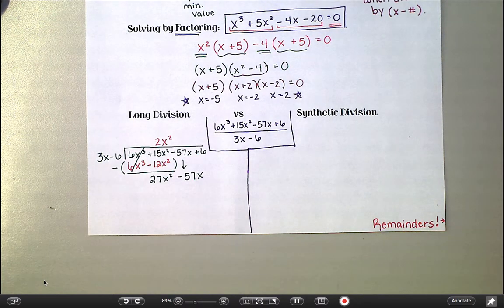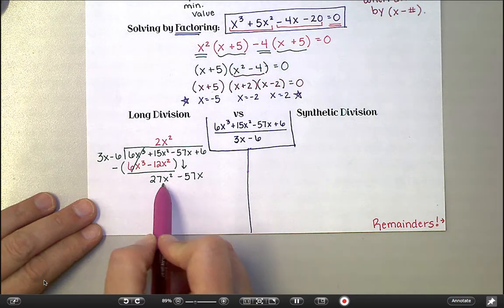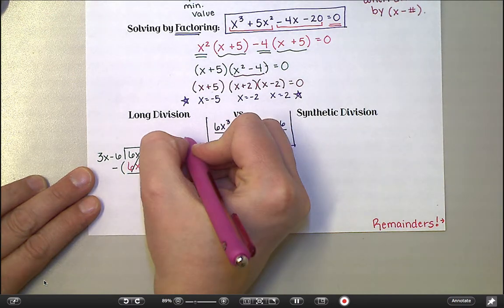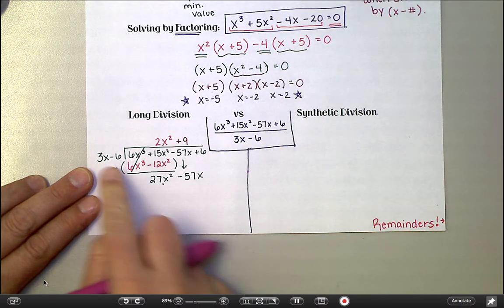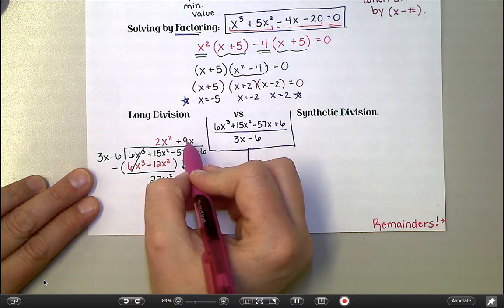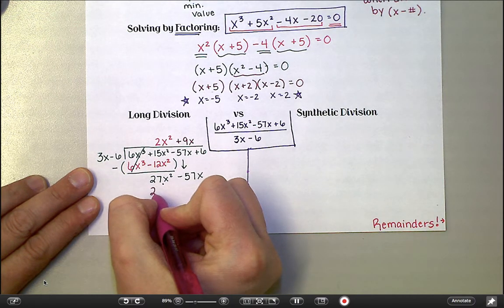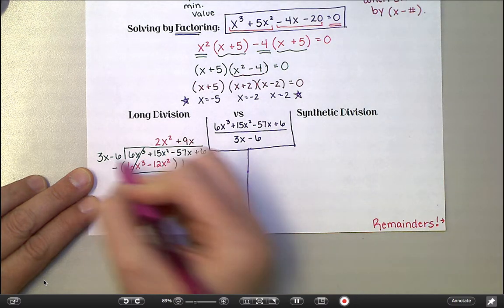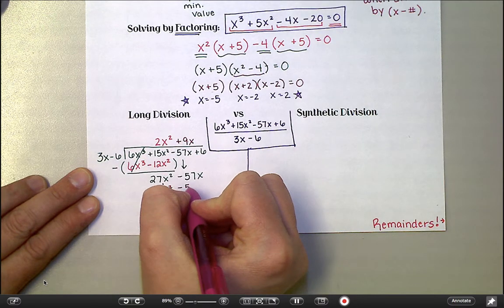Now I'm asking myself, 3x times what makes 27x squared? Well, I know I'm going to need a 9. And then x times x would give me x squared, so that's going to be a 9x. 9x times 3x is 27x squared. 9x times negative 6 is negative 54x.